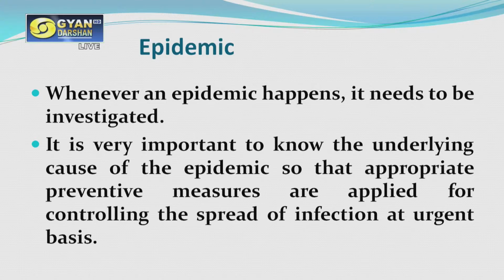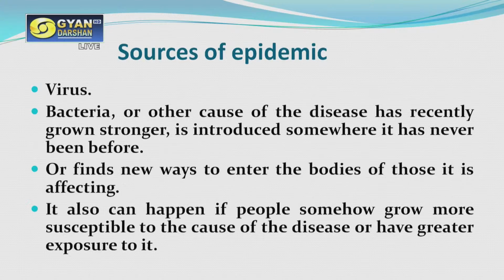If you have done the investigation in a systematic manner, only then will you be able to take preventive measures, know what factors led to the occurrence of this epidemic, and prevent the spread of infection on an urgent basis.